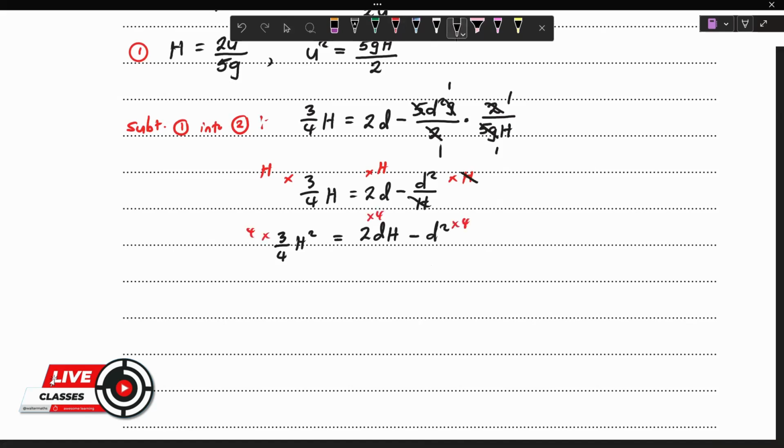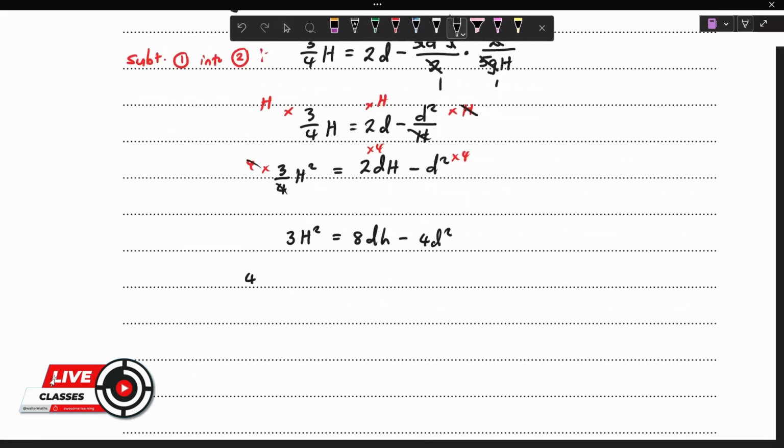When we do, we'll have 3h squared equal to 8dh minus 4d squared. So we can rearrange this to 4d squared minus 8dh plus 3h squared equal to 0.